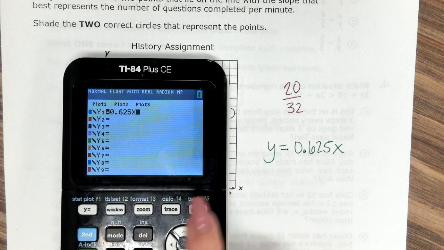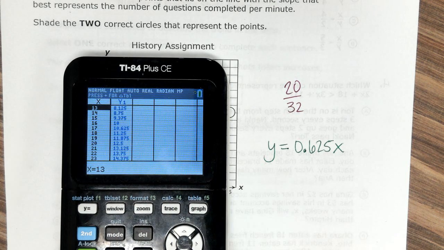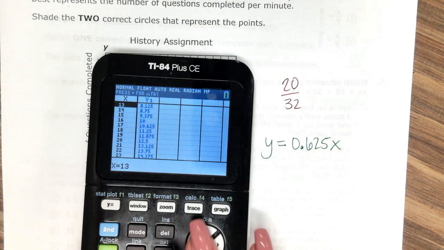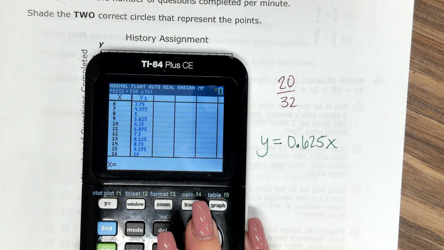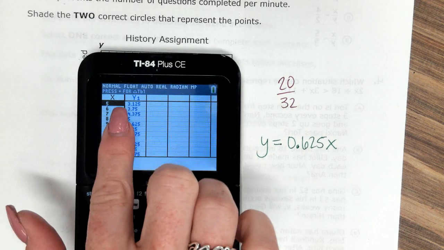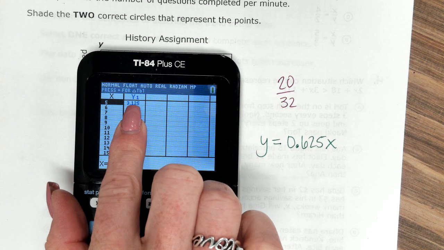Okay, where would I go to see points? The table. So second graph. All right, I'm looking to see if 5, 8 is on there. Is 5, 8 on there? Yes or no? Thank you.